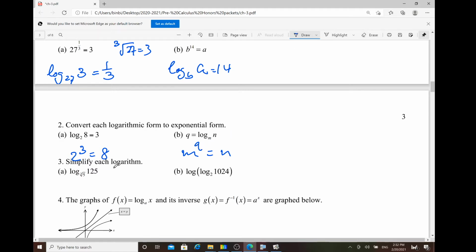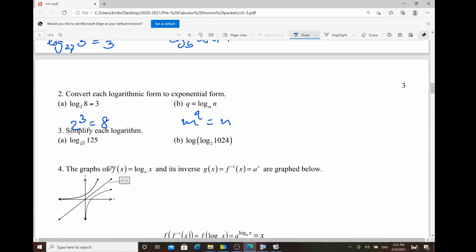Now, what about something like this? The way to simplify it, and anytime they want you to simplify it, if you're not quite sure what it is, you can always rewrite it with x. So this one is showing the cube root of 5 to the power of x.